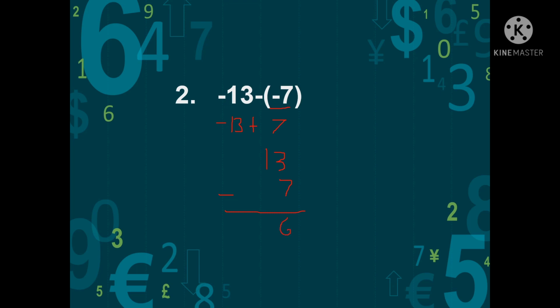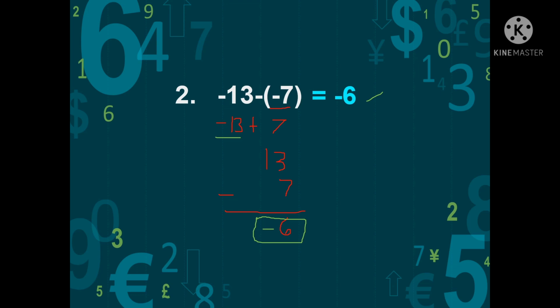And then for the sign, we will use the sign of the larger number. So the larger number is 13 and its sign is negative. So therefore, we will have negative 6 as the result. So let's check if our answer is correct. So we are correct.